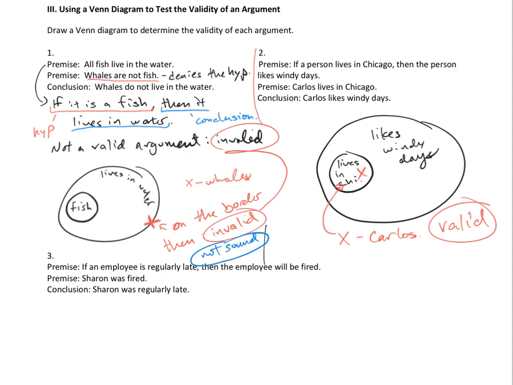Anyway, the second example here, we have, let's see, if a person lives in Chicago, then the person likes windy days. Carlos lives in Chicago. Those are both true. And if they're both true, then our argument is sound.